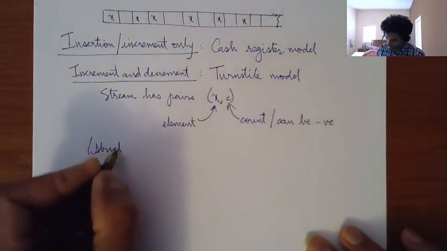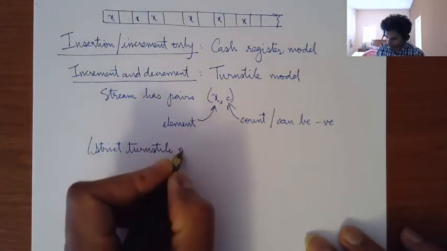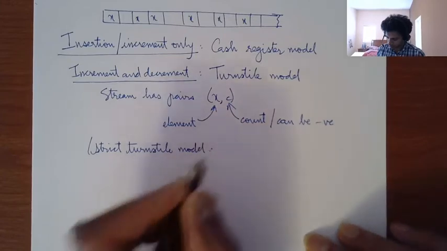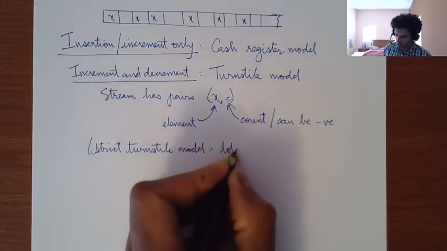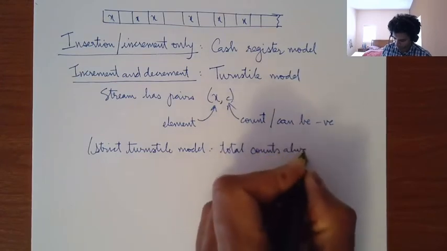Just to put this out there, the strict turnstile model says that the total counts are always positive.